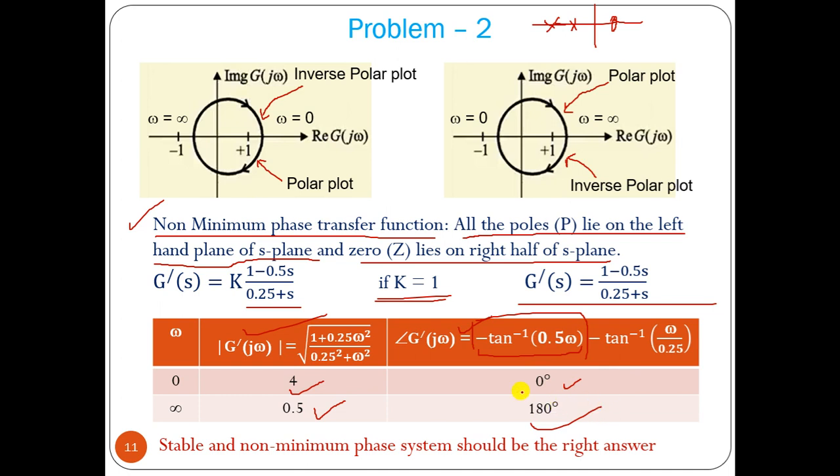So what we can observe, that this plot is something like this one. When omega goes to 0, plot starts from 4 at 0 degree, ends at omega equal to 180 degree. Okay, so this is your 0 degree, 90 degree, 180 degree.